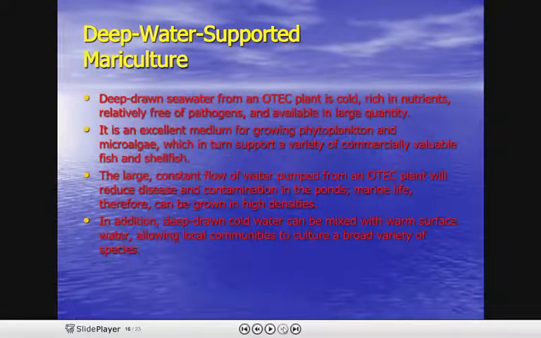Now the deep water supported mariculture. Deep drawn seawater from an OTEC plant is cold, rich in nutrients, relatively free of pathogens and available in large quantity.